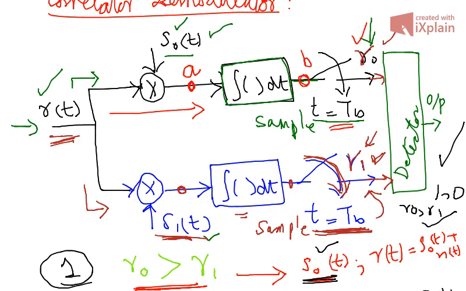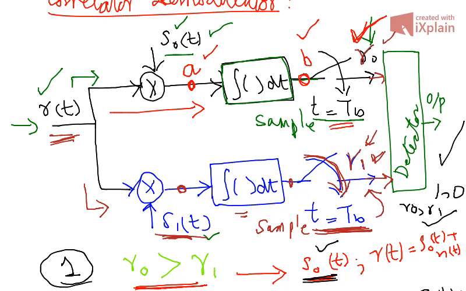We would write an expression for the signal at the input of the integrator, then the signal at the output of the integrator, and then the mathematical expression for r0. Let's see these expressions below.